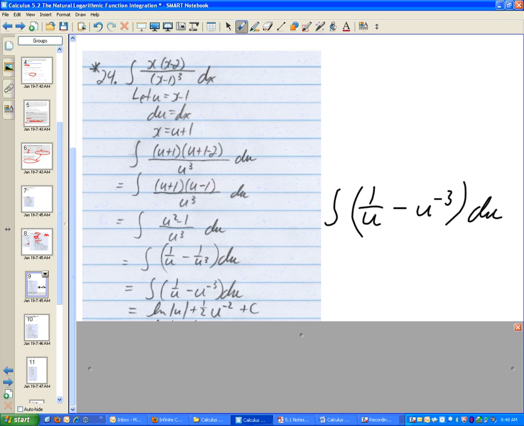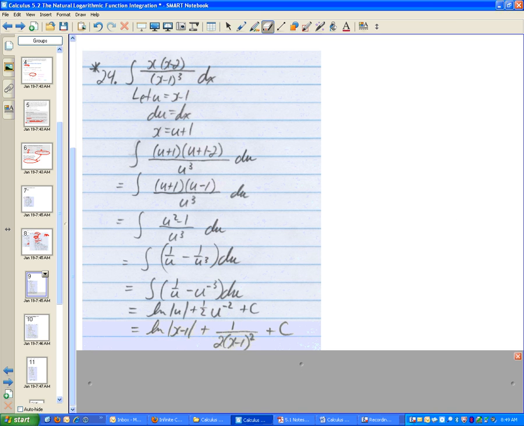Also, don't mess up the part we should already know how to do. So try not to blow it there on the quote-unquote easy part. Are we done? Now replace u with x minus 1. Also get rid of that negative exponent if you don't mind, please. Even if you do mind, actually.